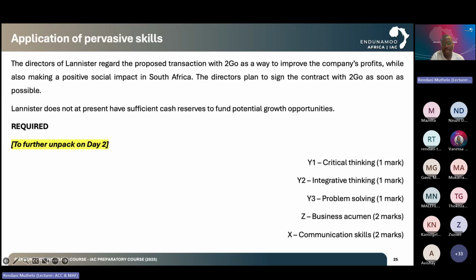The required will look something like this. Y1, critical thinking, 1 mark. Y2, integrative thinking, 1 mark. Y3, problem solving, 1 mark, and so on. So business acumen is letter Z. That means they are now looking for those 3 components that I've spoken about for you to demonstrate. Does that make sense? That's where the letters come in.